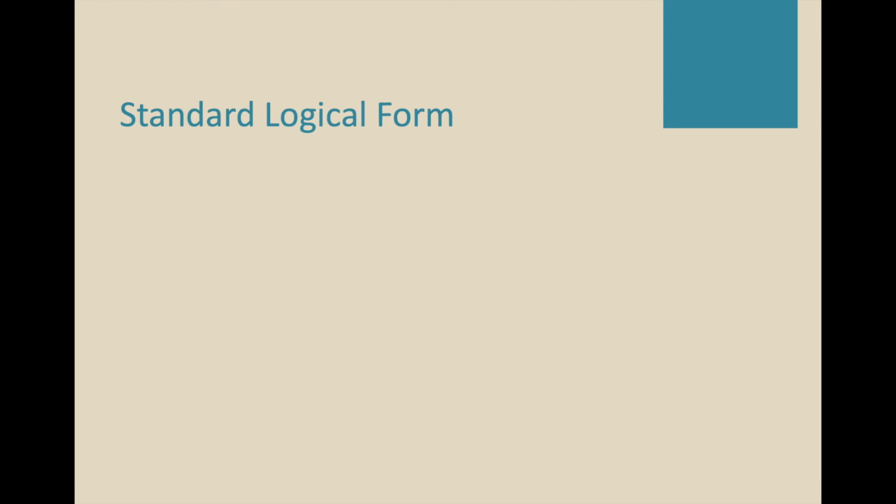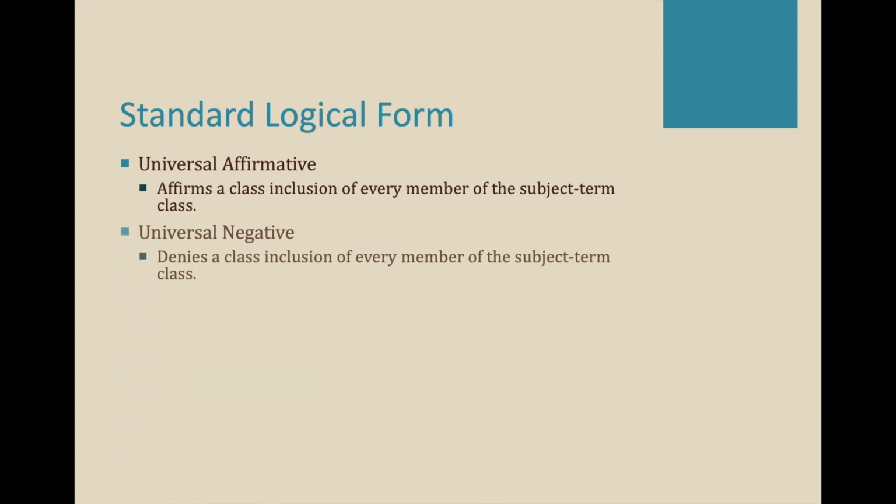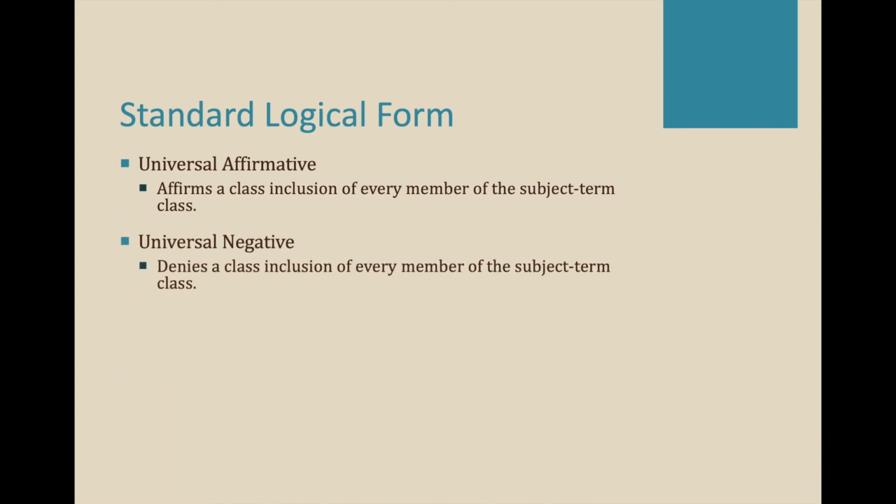So these are the standard logical forms. The first we'll talk about is universal affirmative. A universal affirmative statement affirms a class inclusion of every member of the subject term class. Then there's the universal negative, and a universal negative denies a class inclusion of every member of the subject term class.